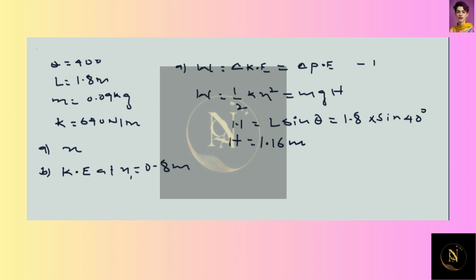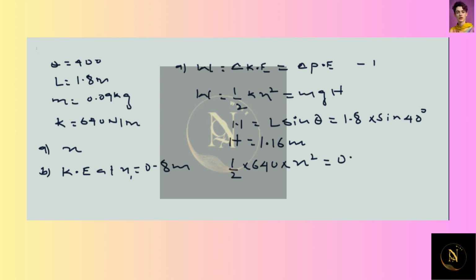And then x is given by 1 divided by 2 multiply by 640 multiply by x square. This is actually half kx square. Here k is 640 is equal to mgh.